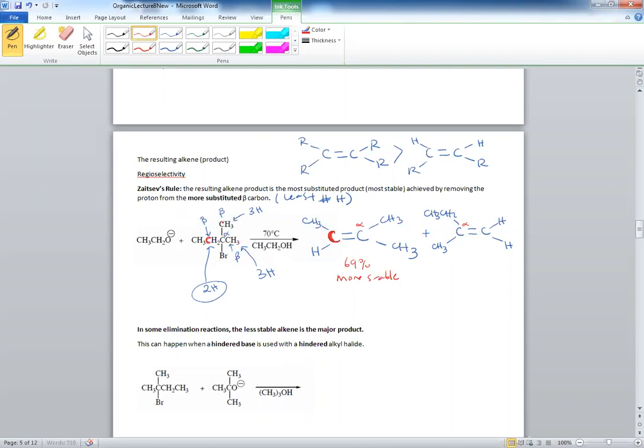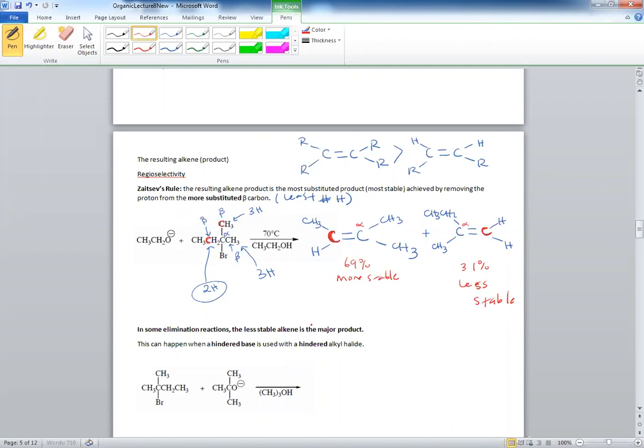So I'm going to mark, let's say, this one in red so you can see it. So this gives you about 31%. And of course, it's less stable.